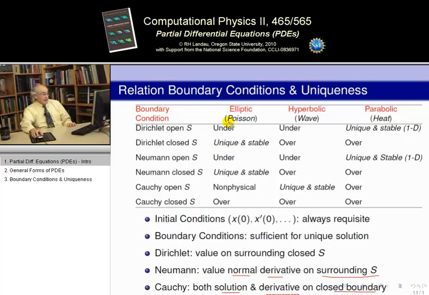So if we have an elliptic problem, we'd have to have a Dirichlet on a closed surface, okay? And that means, completely enclosed, it's known, then we have a unique and stable solution. Okay? And that's what we'll look at first of all. But if the surface is open here, so there's some region where the solution is not specified, that's not enough information.